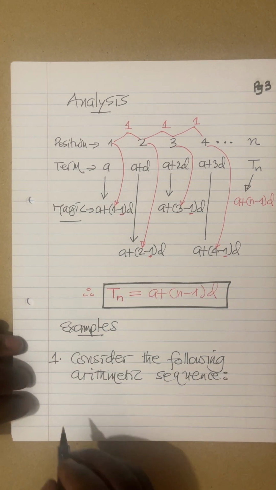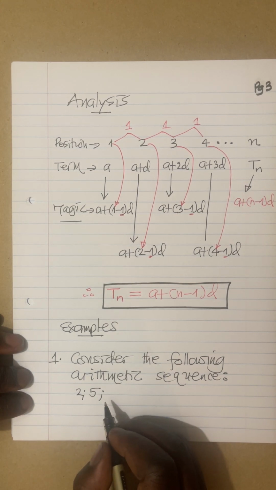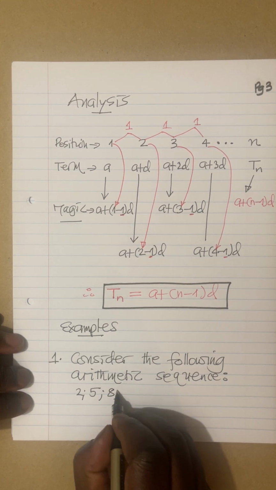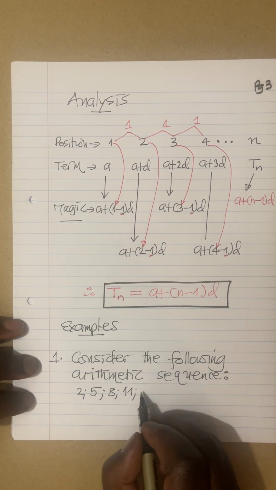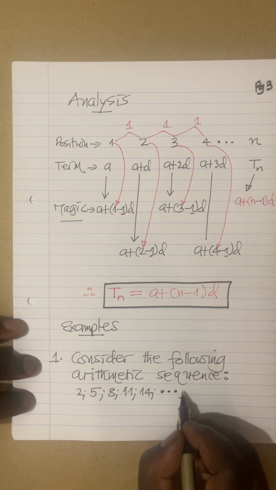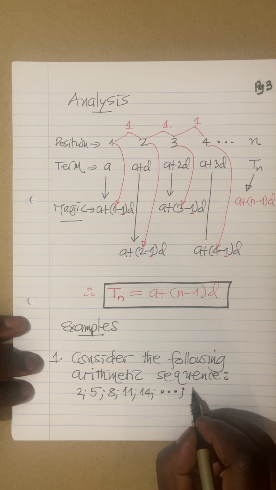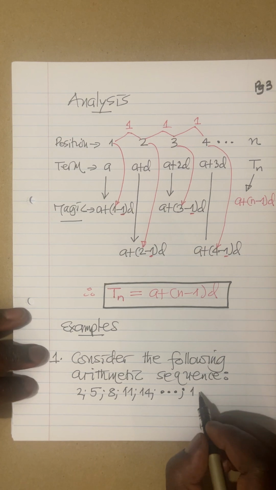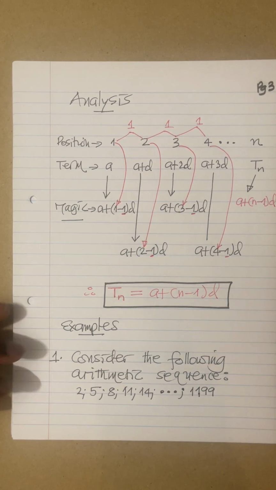Our sequence is 2, 5, I'm adding 3 as you can see, 8, 11, and then we have 14, and then we have 3 dots here, and the last term we want to stop at is 1199. That's where I want to stop.